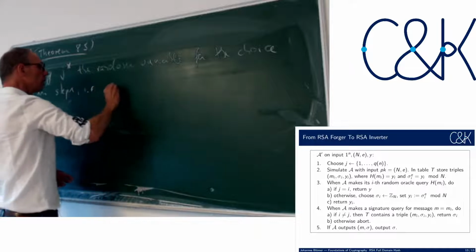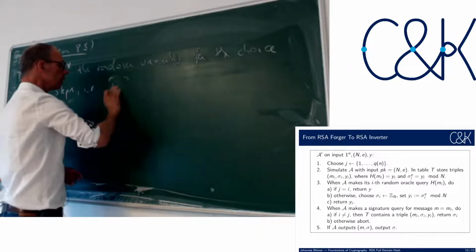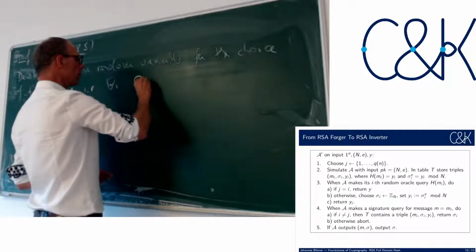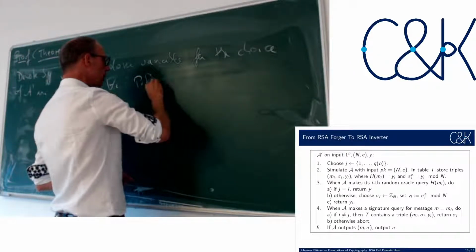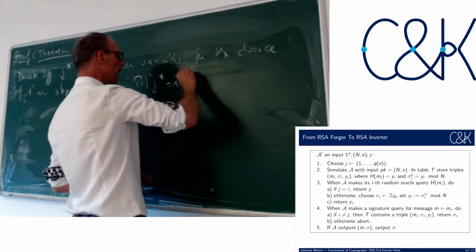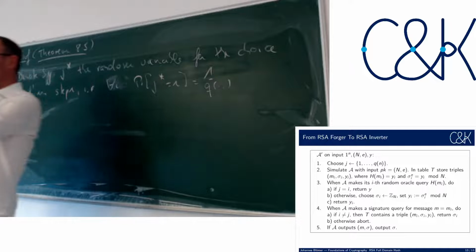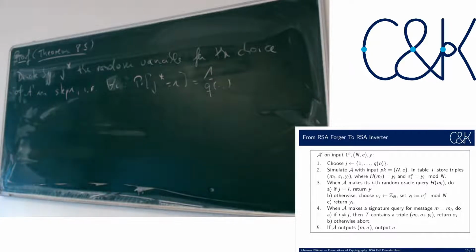That is, for all I, the probability that J star is equal to I is 1 over Q of n. Just to make things formally correct.